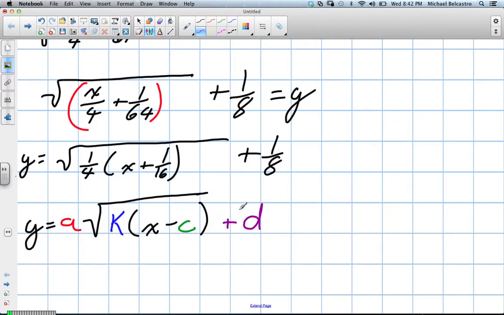This is the function that lets us know things. In this one, our a is essentially 1, doesn't change anything. Our k is the 4th. Our c is the 16th. And our d is 1/8.